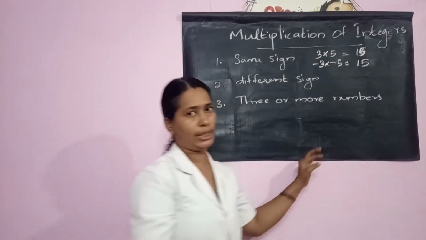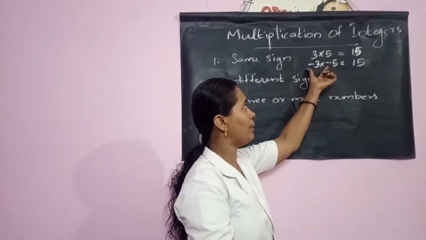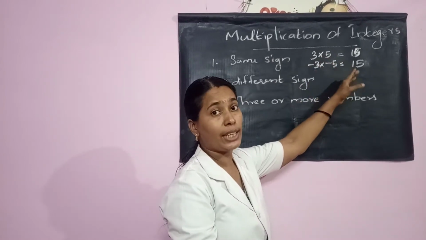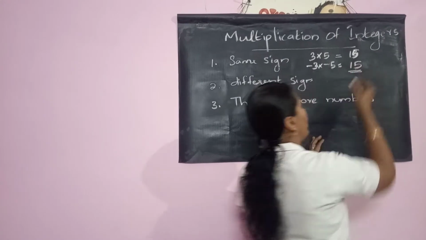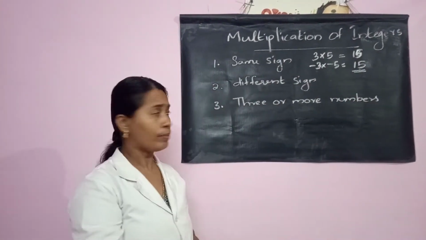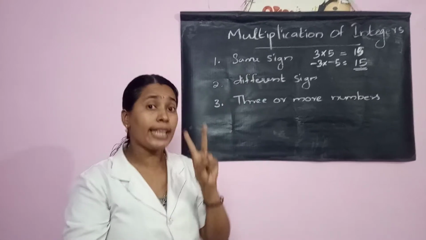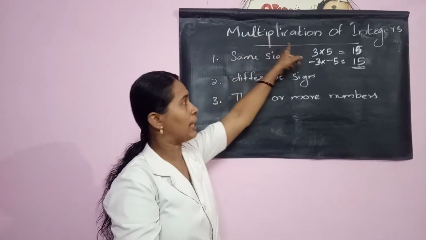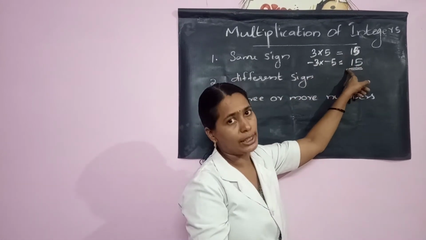And think about the sign. When they are of the same sign, their product is positive, that is positive 15 itself. So when you consider two integers of the same sign for multiplication, the product is always positive.